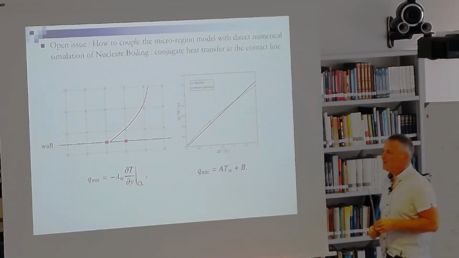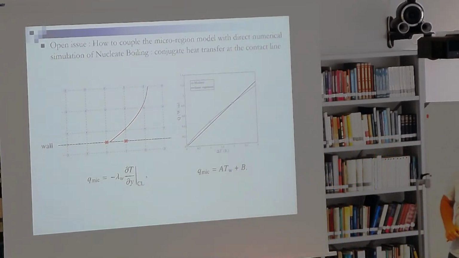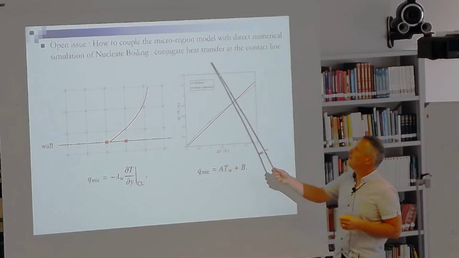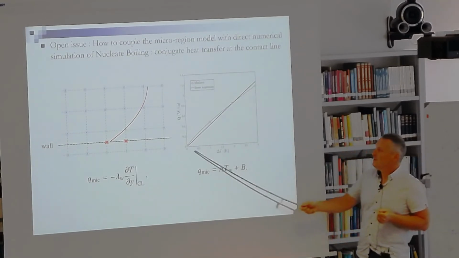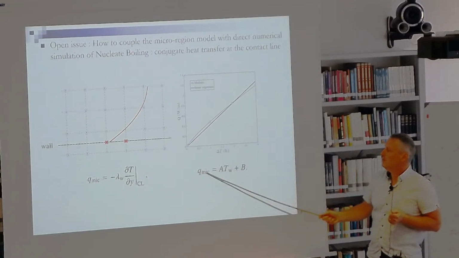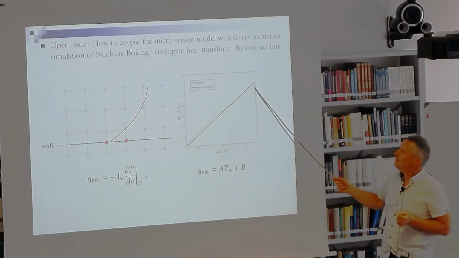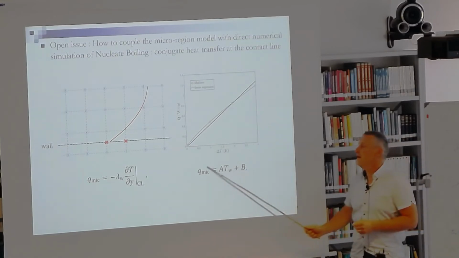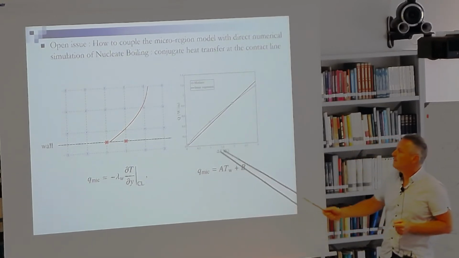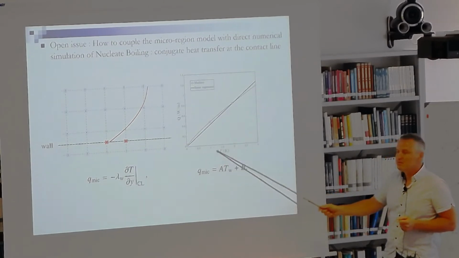But the question that we have to face is how to couple this microregion model with the direct numerical solver, especially from the point of view of conjugate heat transfer at the contact line. So what our model gives us is a total heat flux in the microregion, in red, but we can define a kind of linear relation between this local microregion heat flux and the wall superheat.